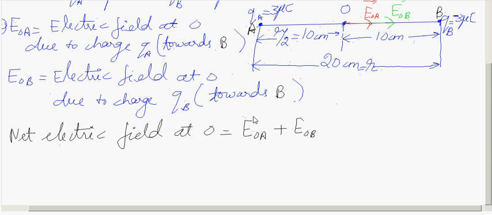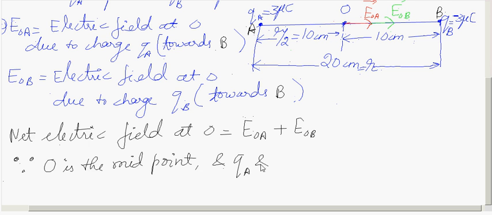Because O is equidistant from QA and QB and the charges QA and QB are equal, the magnitude of EOA will be equal to EOB. O is the midpoint and QA and QB are of same magnitude.